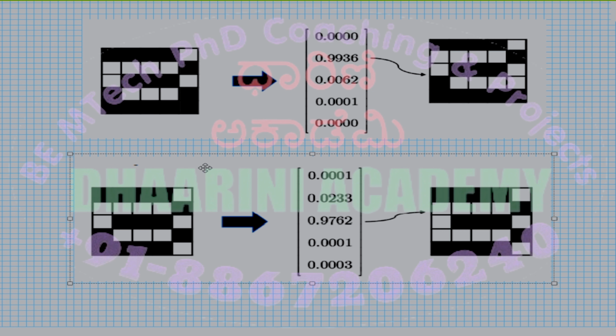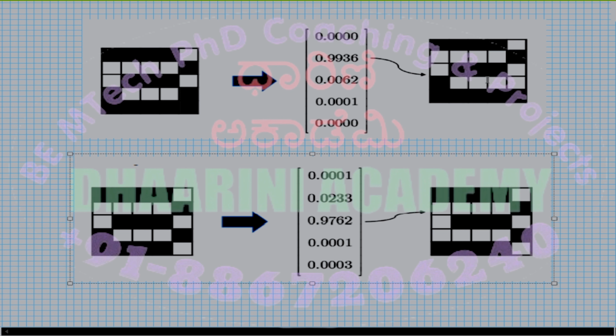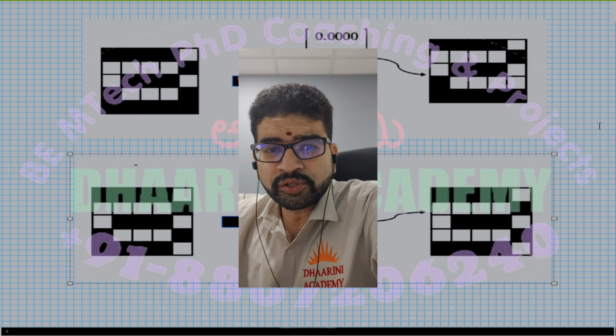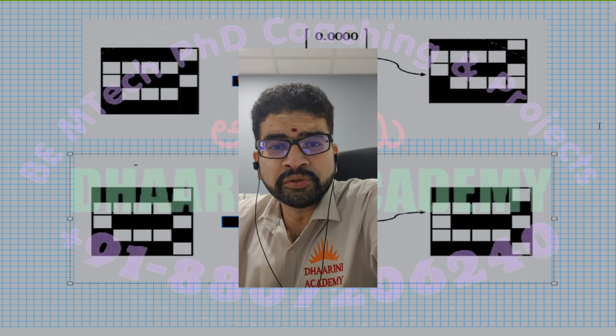Looking at the training data for these two classes, the number 2 and 3, if you look carefully, there is only a 2 pixel difference overall. So it means such tiny information is also used by the machine to learn something.